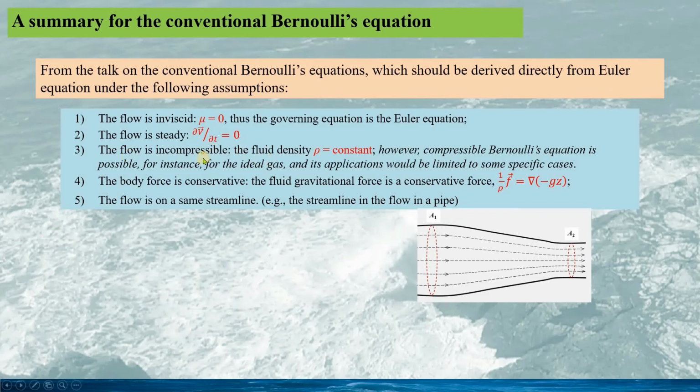The flow is considered incompressible, so the fluid density ρ is a constant. However, a compressible Bernoulli's equation is possible, for instance for the ideal gas, but its applications would be limited to some very special cases. The body force is conservative.